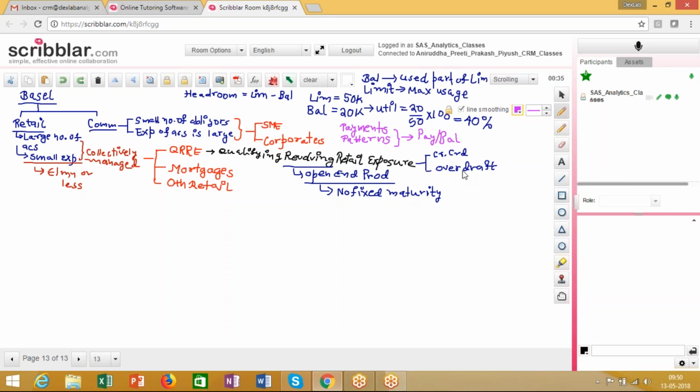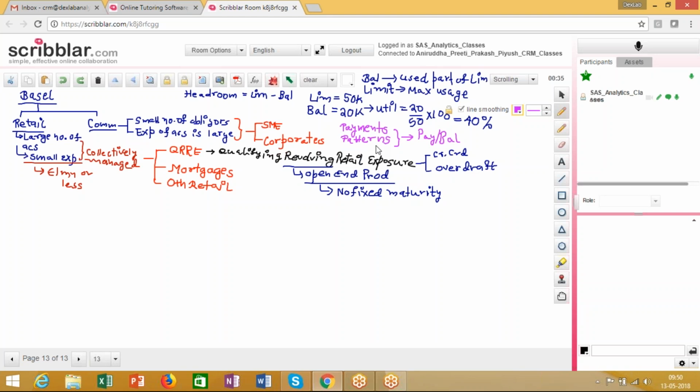The payment balance ratio will give me an idea of how much of the balance this guy is actually paying back. So what exactly is the payment balance ratio of the borrower? This is something that we need to assess.